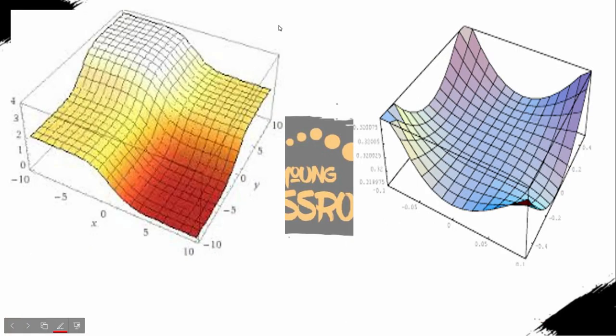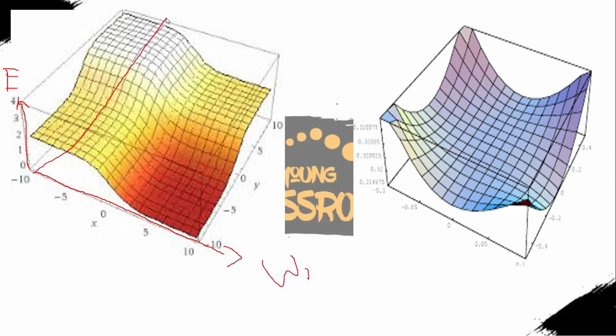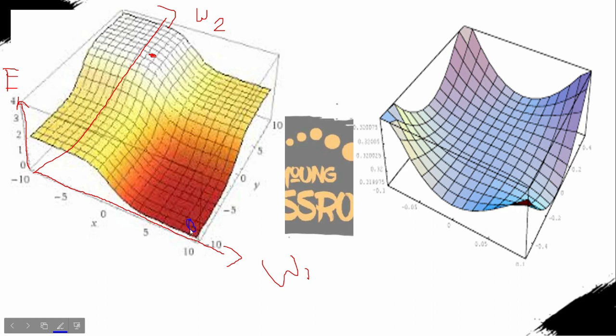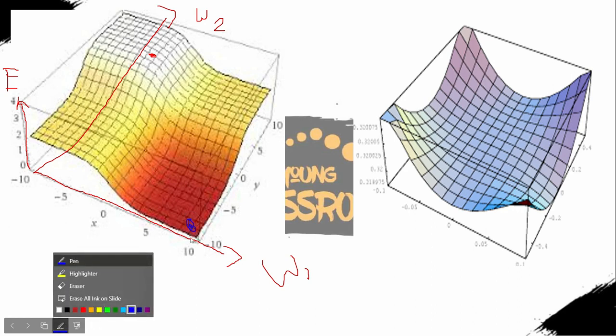So for the time being, let's assume that this is my error surface and this is my error axis, and this is perhaps the first weight axis and this is perhaps the second weight axis. So you can find that this is the point of maximum error, and this, let me take a different color, perhaps is the point of minimum error.